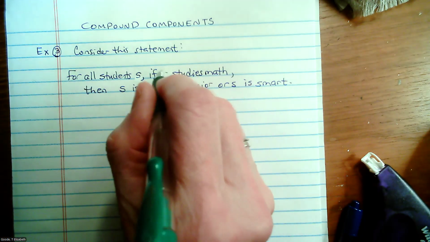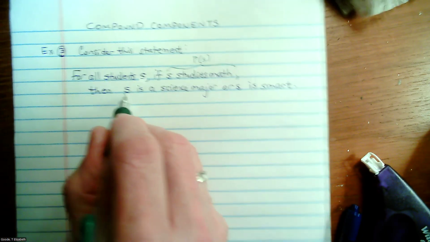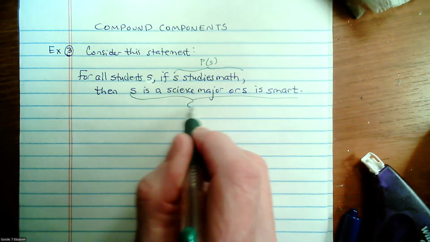So we have a hypothesis P of S. We have a compound conclusion Q of S.